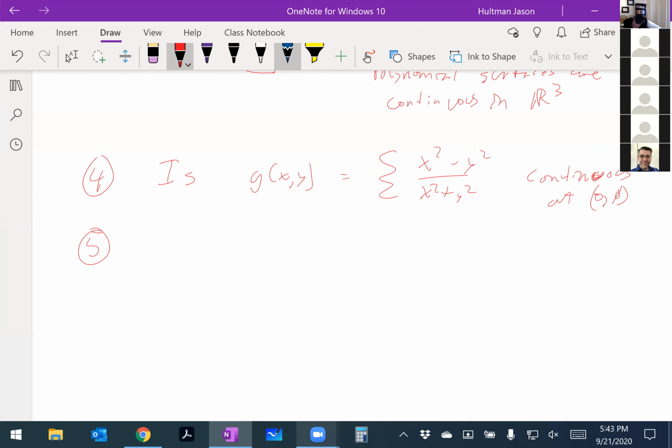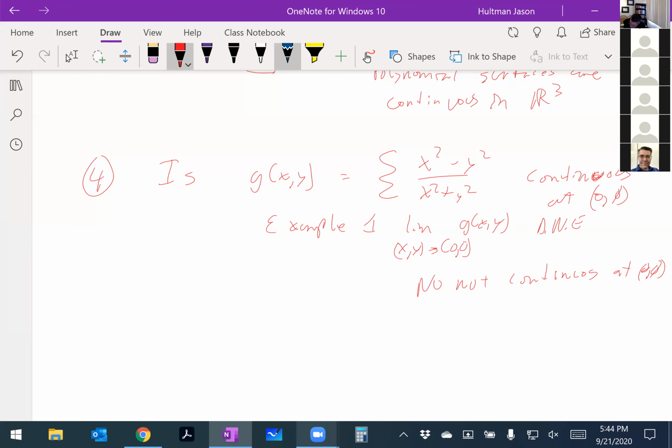Well, if we go back to example 1, example 1 says that the limit as (x, y) approaches (0, 0) of g(x, y) does not exist, so therefore, no, not continuous at (0, 0).